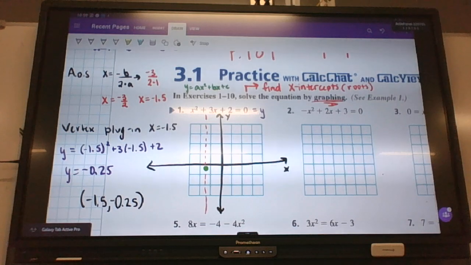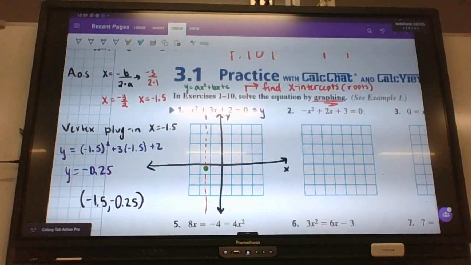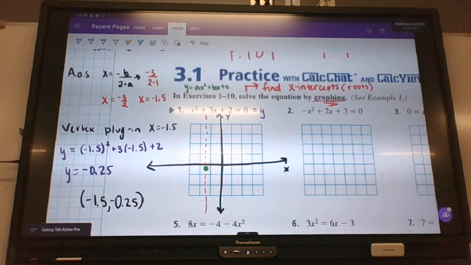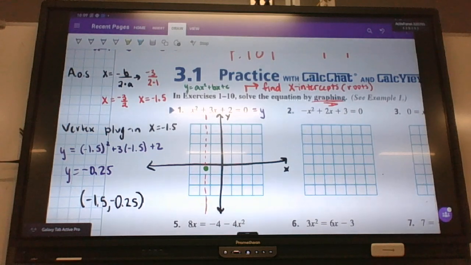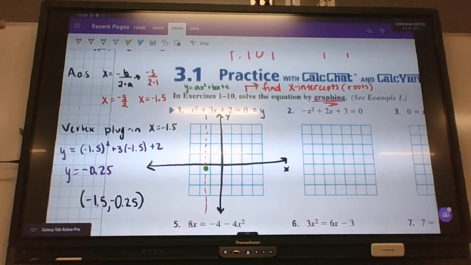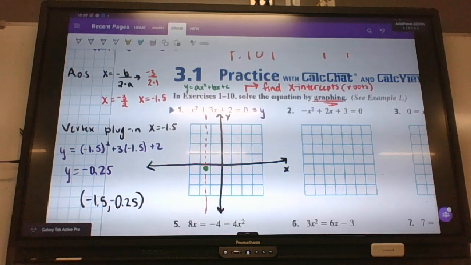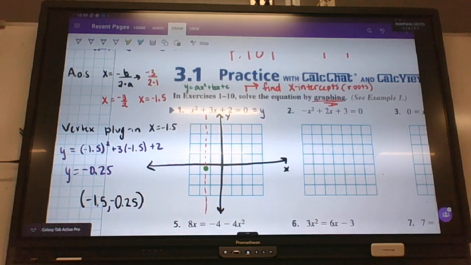Very good. -2 is 0. -1 is 0. Yes, -3 is 2. We already found 0 is 6. That's the y-intercept. Good job.